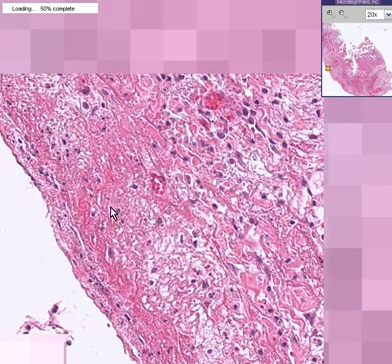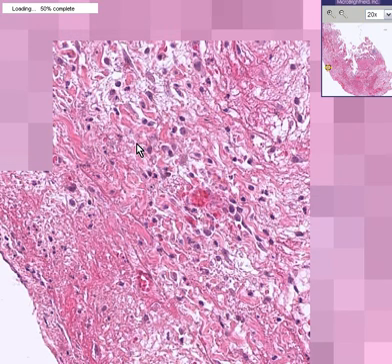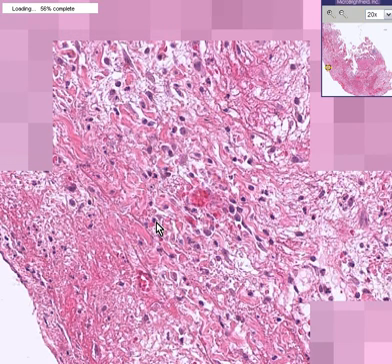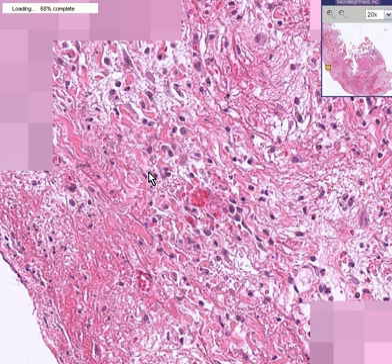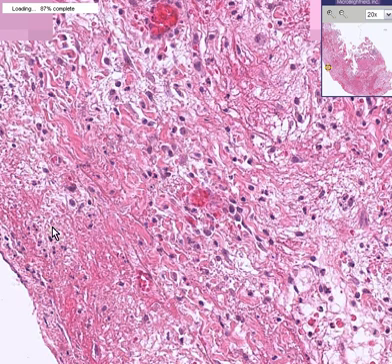And you can probably bet that some of this granular stuff can very well be fibrin, and you can also bet that most of these inflammatory cells are all neutrophils. This is acute cholecystitis.